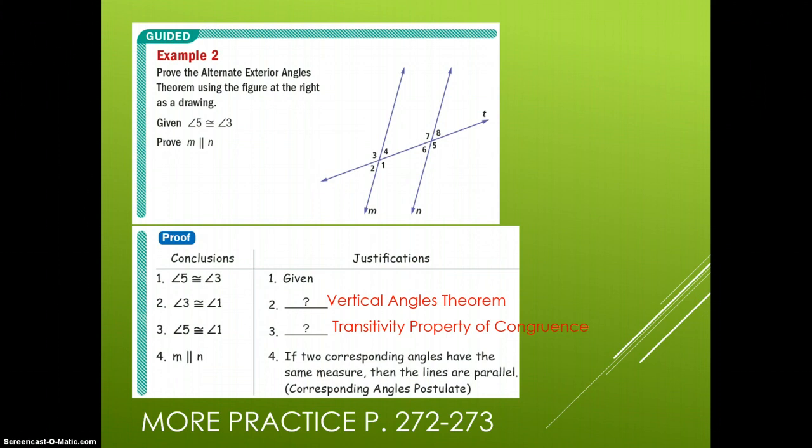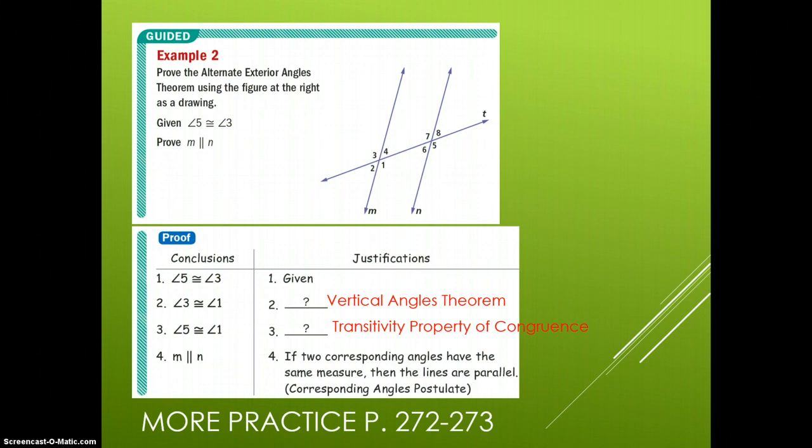So, if angle 1 is congruent to angle 3, and angle 5 is congruent to angle 3, our transitive property of congruence tells us that angle 5 is going to be directly congruent to angle 1.